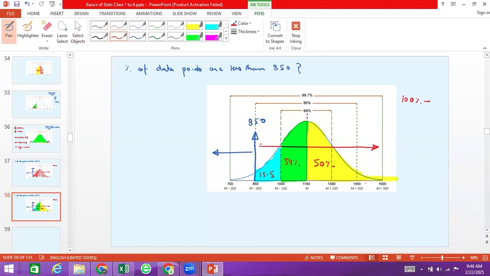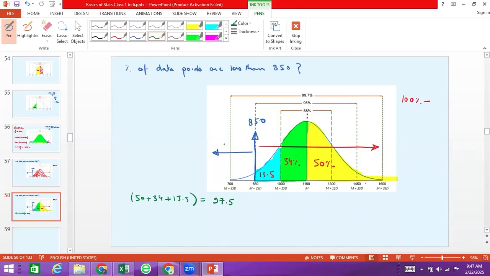So if on this side of 850, I have 50 plus 34 plus 13.5, how much is it? 84, and then 97.5. So 97.5% of the data.